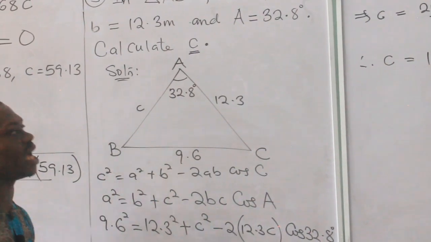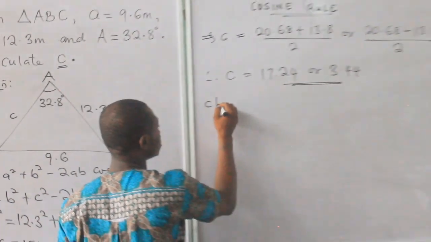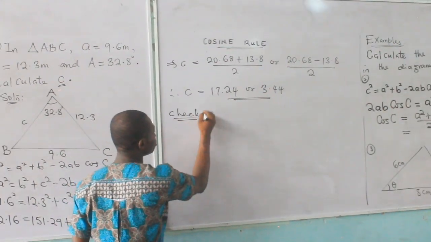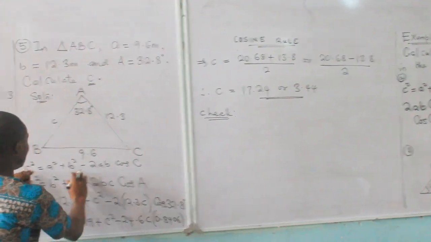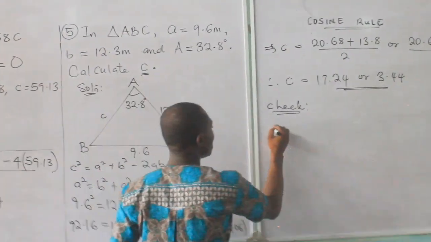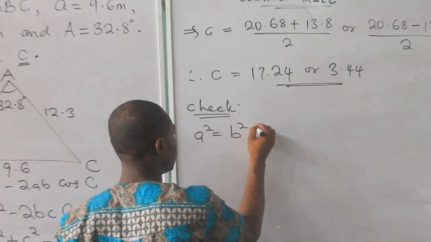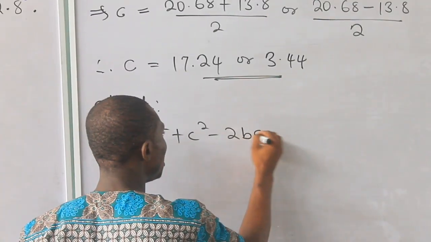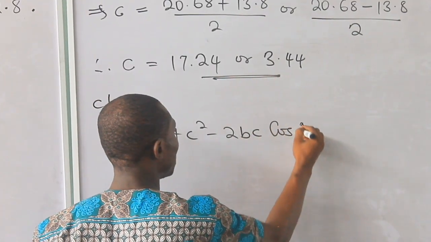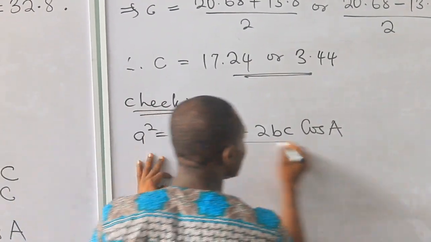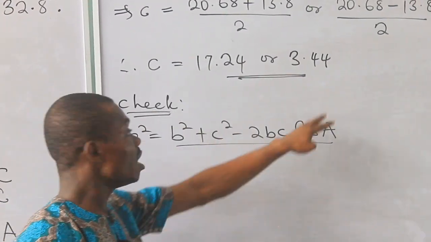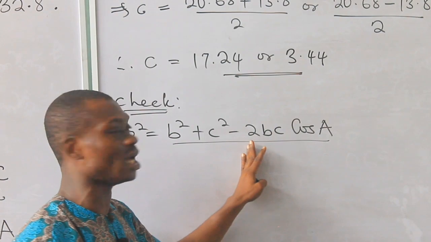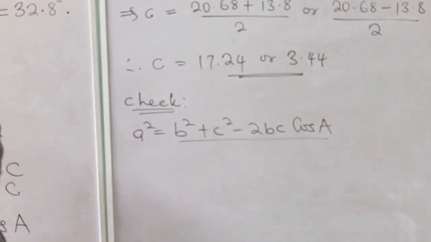And you can check. I always like to check so that you'll be sure that what you have done is correct. So since we wrote here that A squared is equal to B squared plus C squared minus 2BC times the cos of A, can we substitute, since we now have our C, let's put any of this C here and see if we will get A squared.